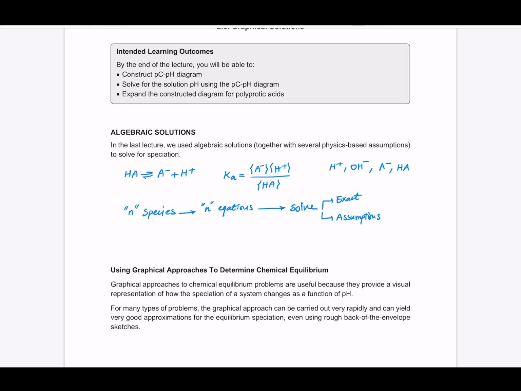We used several assumptions, which all carry physical intuition. For example, for a strong acid, we assume complete dissociation.